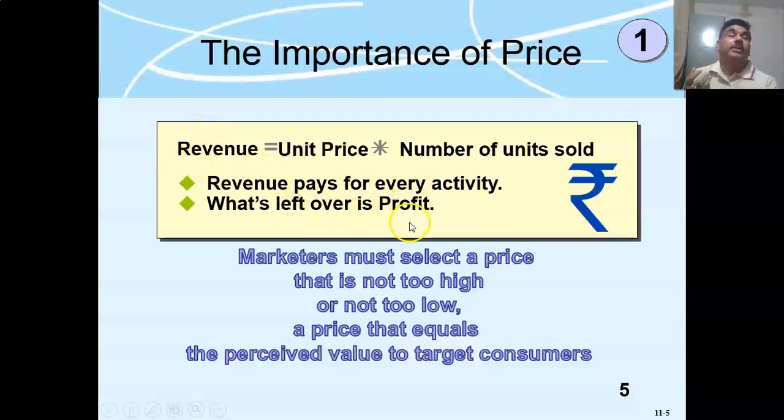What's left over is profit. So I already told you, while manufacturing and selling any product, certain kinds of costs are also required, for the raw material, for the distribution channels, for the people who are involved in the selling process.